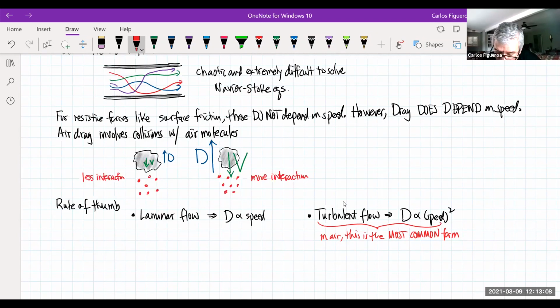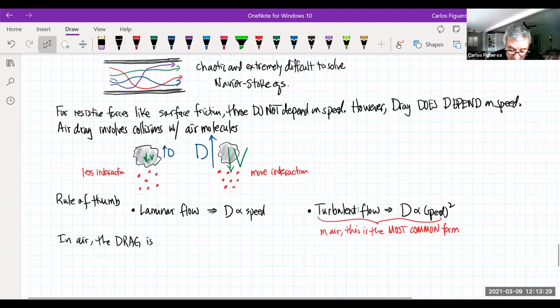Because we primarily are going to be dealing with air, you're going to find that in air, the drag force is this.